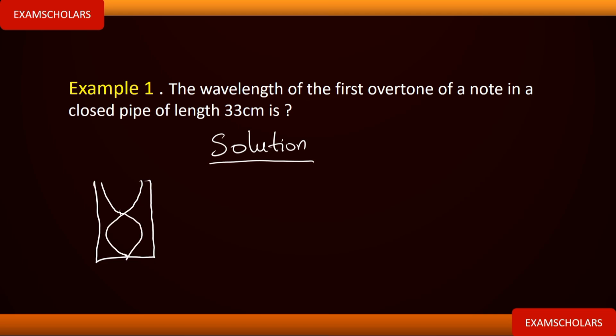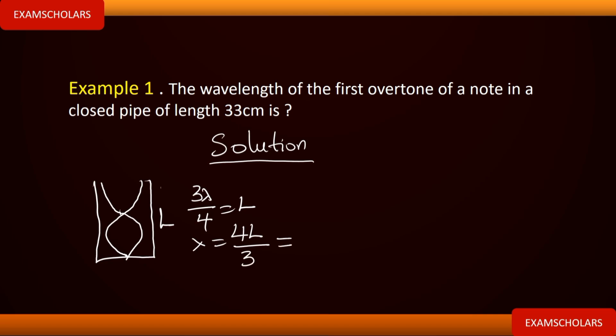This is the diagram. This is your L. Looking at this, if you count 1, 2, 3, it means that 3 lambda over 4 is equal to L. So what will now be lambda? Lambda is equal to 4L over 3. Just substitute the value.